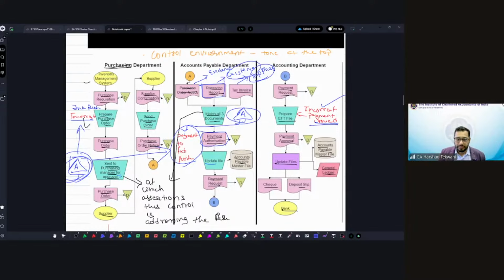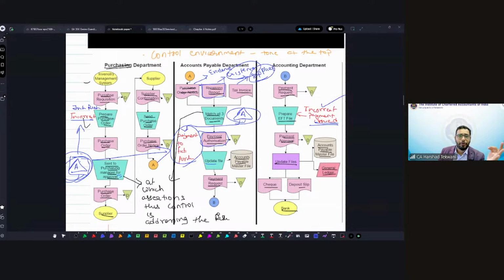There was a risk, fictitious payment, a payment for a fictitious purchase. This risk was there, and to address this risk, we had this particular control. The second and very important part is risk assessment. Why risk assessment?